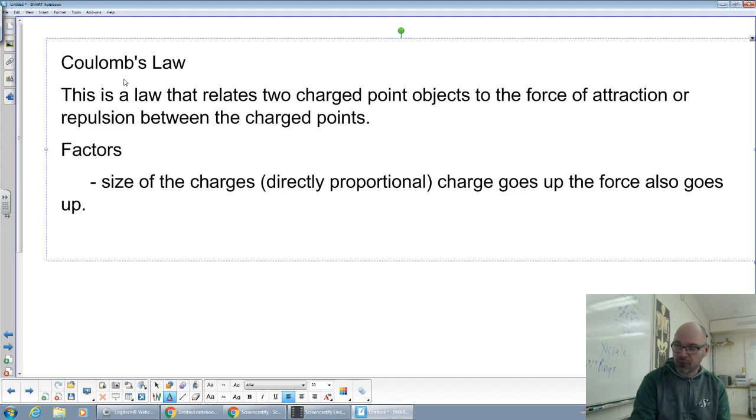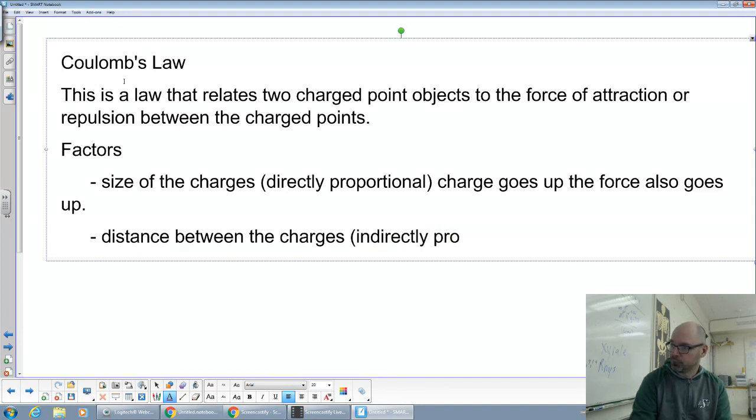Second thing that he found was it made a difference how far apart the charges were. So the distance between the charges, okay, and these were inversely proportional.